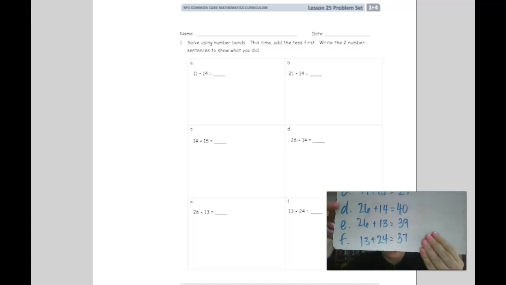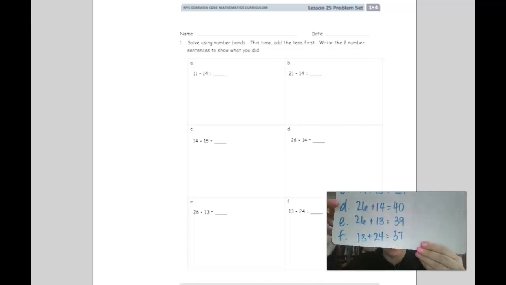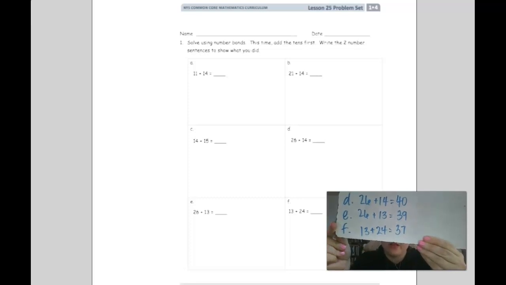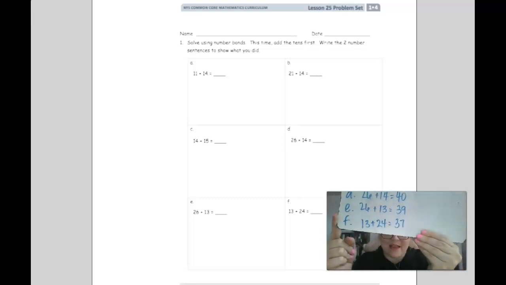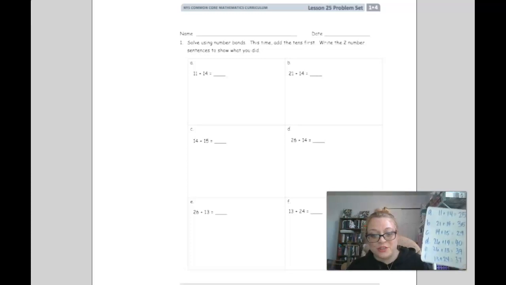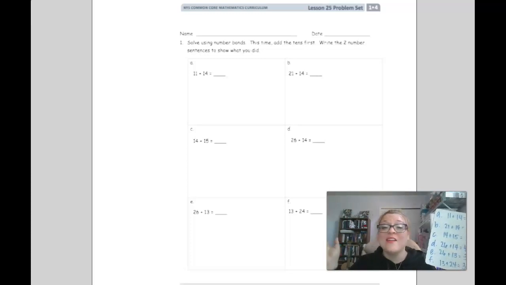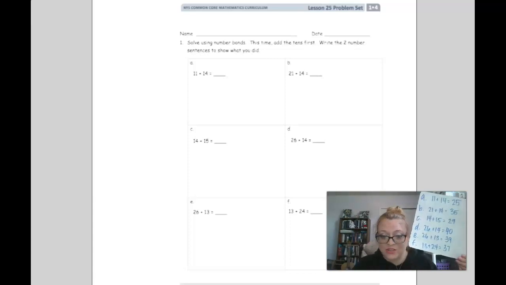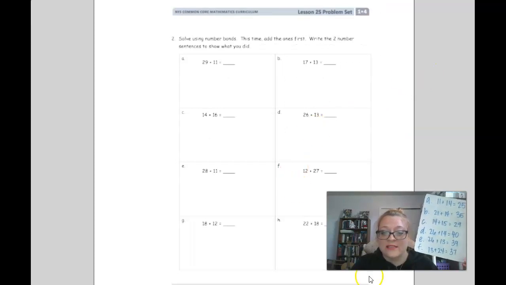D, 26 plus 14 equals 40. E, 26 plus 13 equals 39. And F, 13 plus 24 equals 37. How'd you do? Did you get them right? If not, no big deal. Go back, check your work, and see if you can get these answers. All right? Let's go to the next one, and I'll give you guys some more practice.